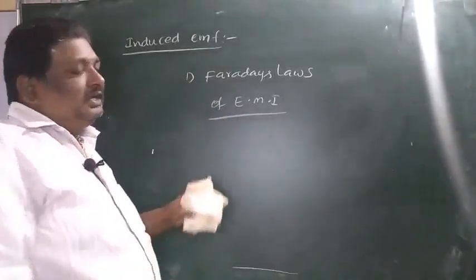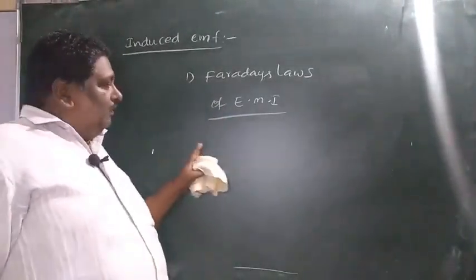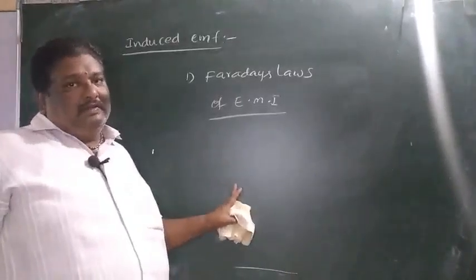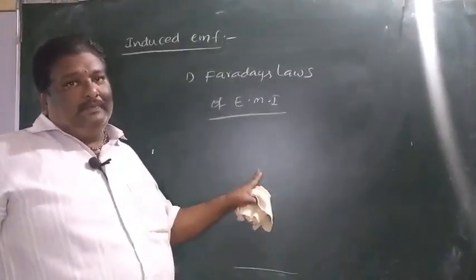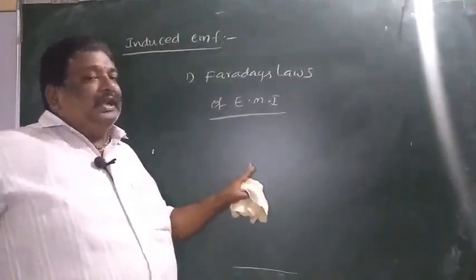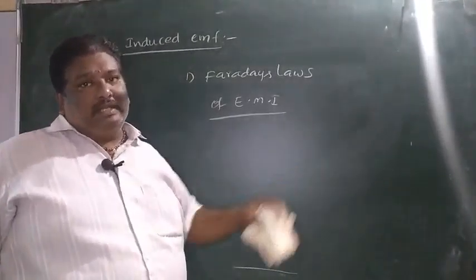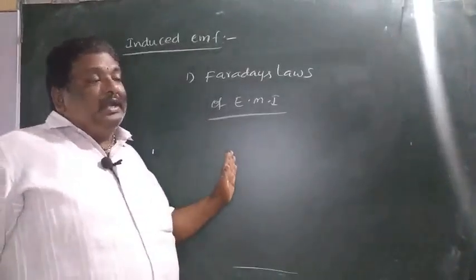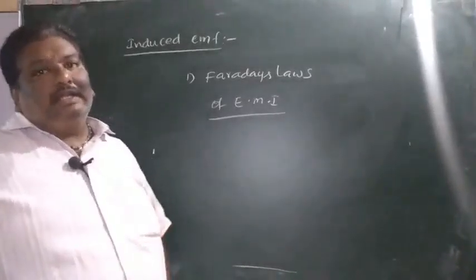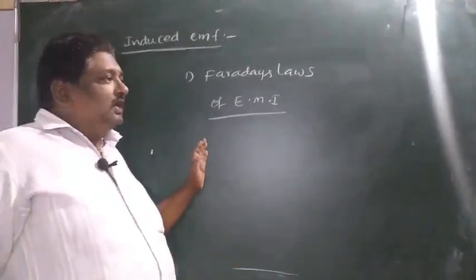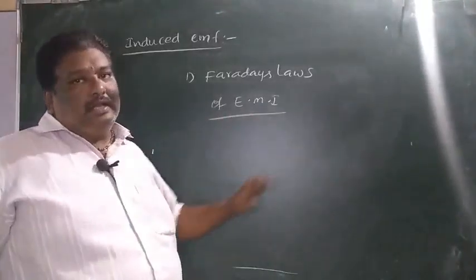For example, in a transformer, we send current, which is converted into a magnetic field. Again, that magnetic field is transferred to the secondary coil and converted into electricity. But from primary coil to secondary coil, there is no direct contact, even though power is transferred from one coil to the other.